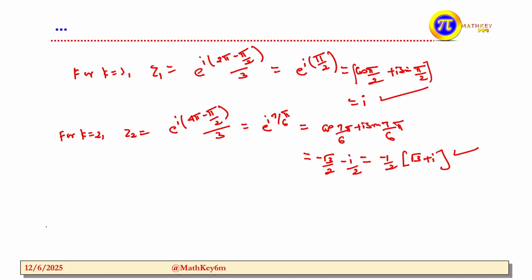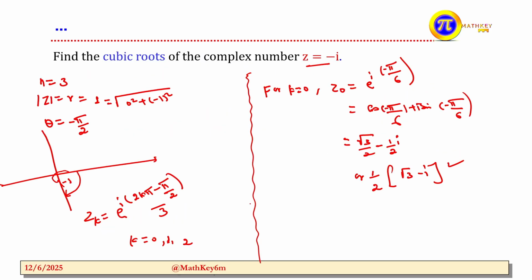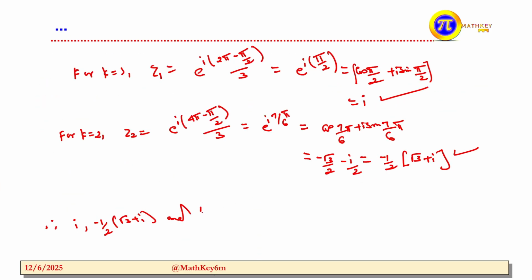As we did before, therefore, negative 1 over 2 times (root 3 plus i), and 1 over 2 times (root 3 minus i), together with i, are the cube roots of our complex number z equals minus i.